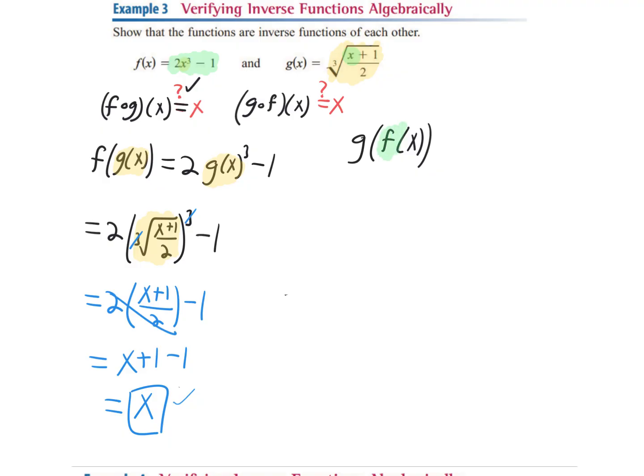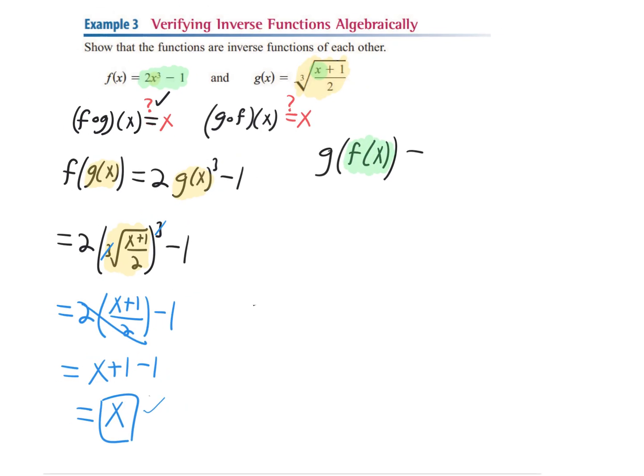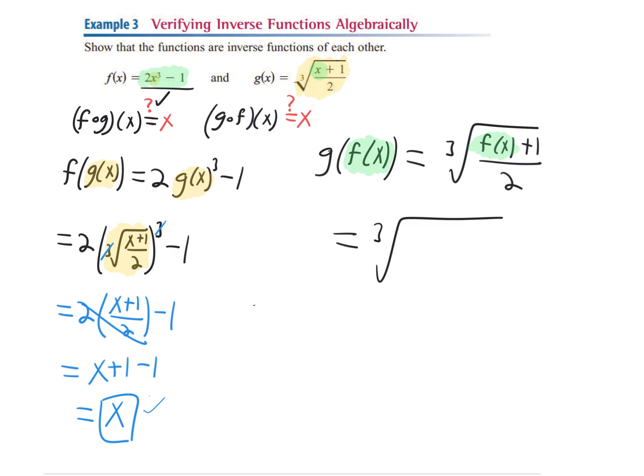So this is going to be the cube root of f of x plus 1 over 2. I just replaced the x that is in g with f of x. And now let's actually replace it with the function that we see. This is going to be the cube root of 2x to the third minus 1, plus 1, over 2.